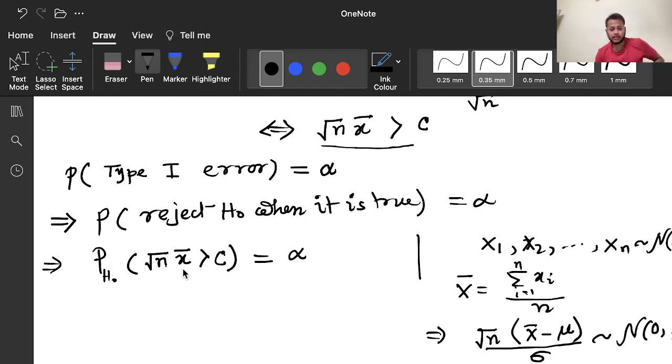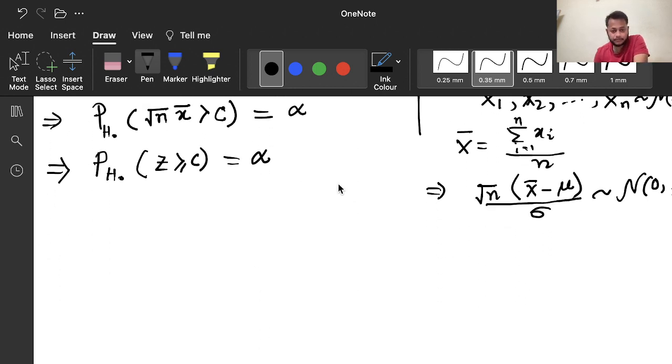Since here sigma equal to 1 and mu is 0, this is a standard normal distribution, so that means we can write P under H0, Z greater than C equal to alpha.